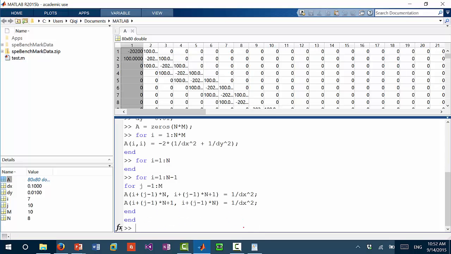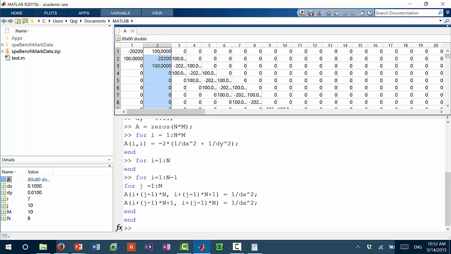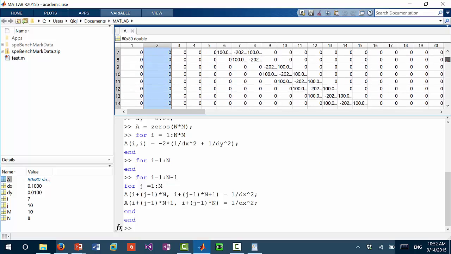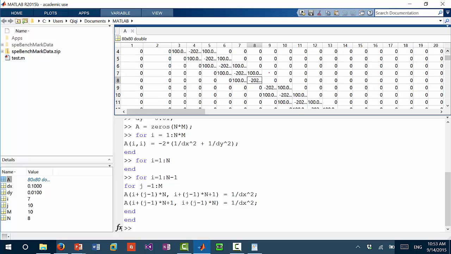Alright. You can see now we filled the lower and upper diagonal of this matrix, and you should also see a gap at which point? At this point, right? So you remember, we have the first line represented by the first 8 by 8 block of the matrix.